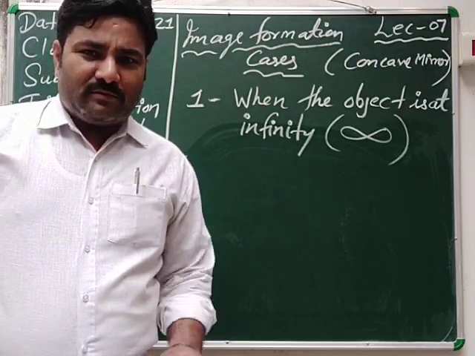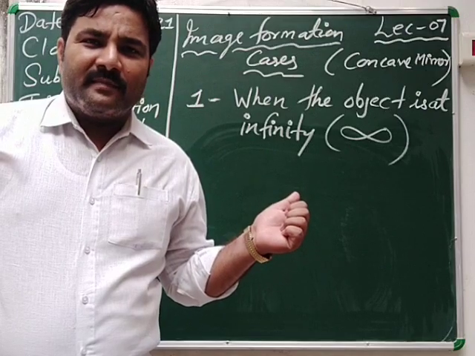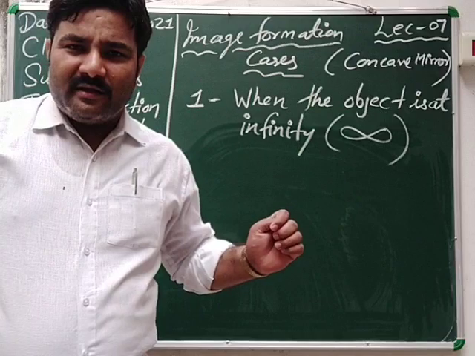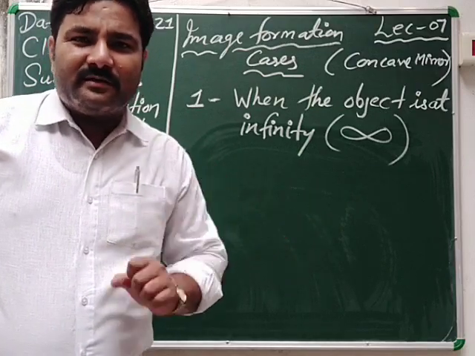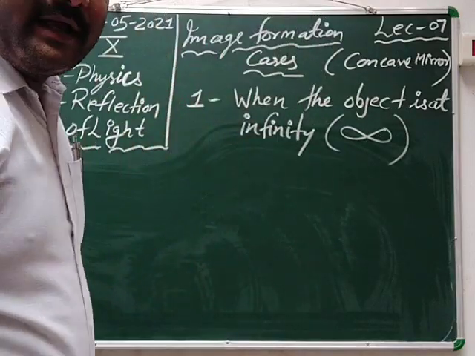What? As I just explained earlier, the image is real, because the rays actually meet at infinity in the first, but in the second the rays actually meet at focus. Let's see how we will draw the ray diagram.